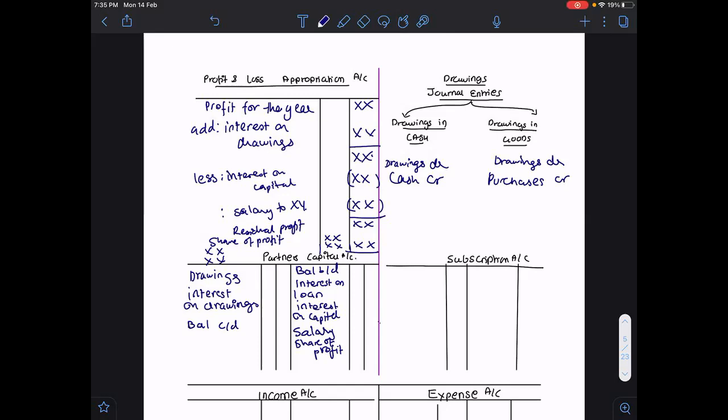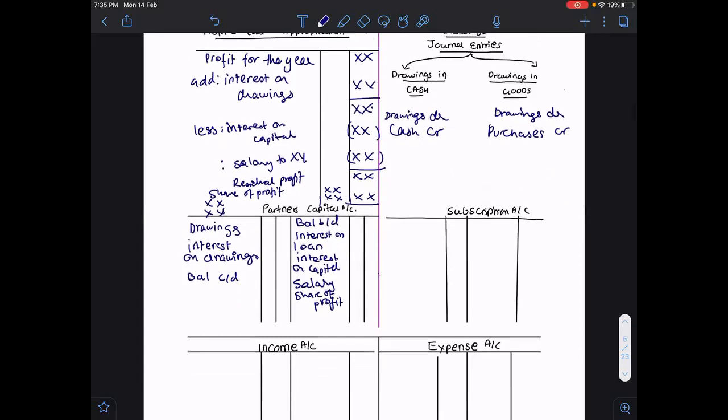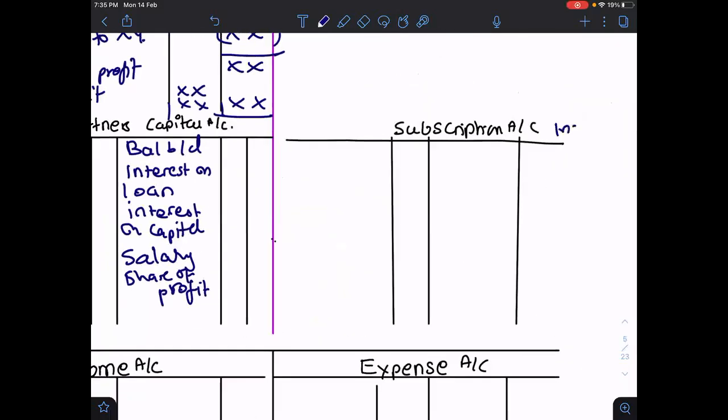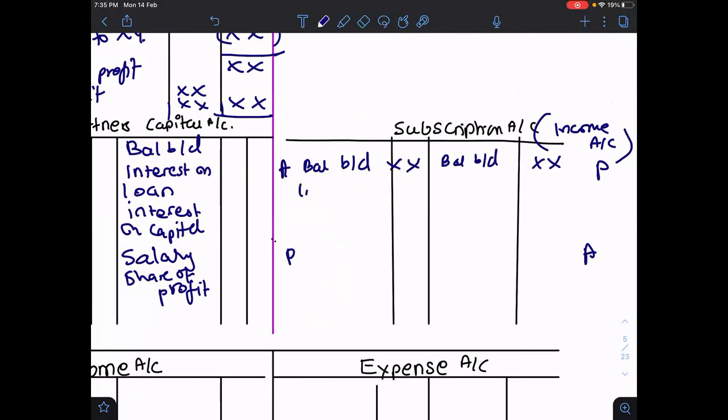आगे जो सब्सक्रिप्शन अकाउंट बनाओ. Income account. Accrued, prepaid, accrued. Balance can be accrued. Balance first day can be prepaid. Then income and expenditure account.